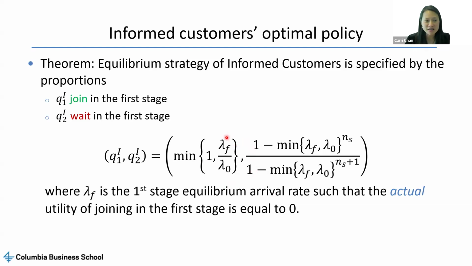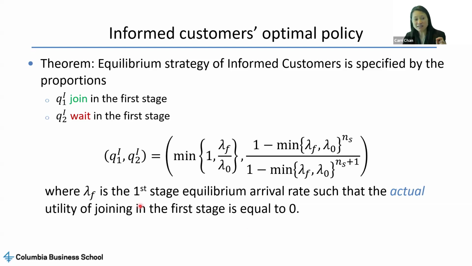This fraction, lambda f, is a parameter that captures, as you change the exogenous arrival rate to the system, what arrival rate makes your actual utility of joining in the first stage equal to 0?